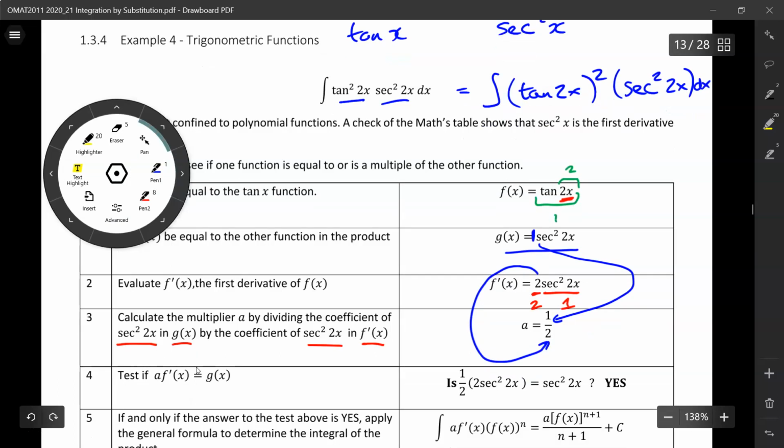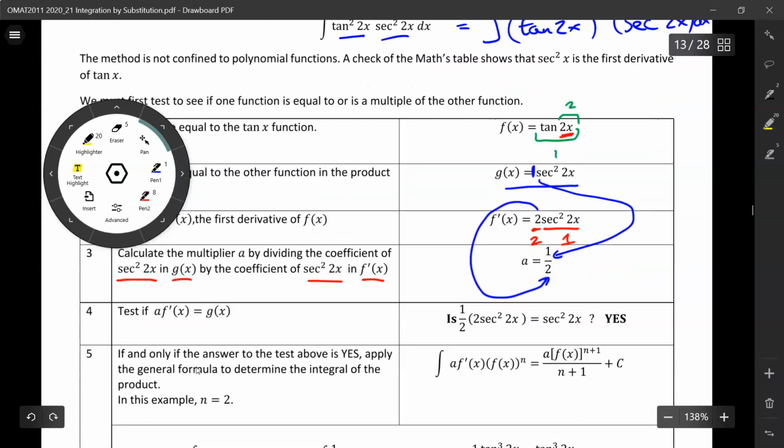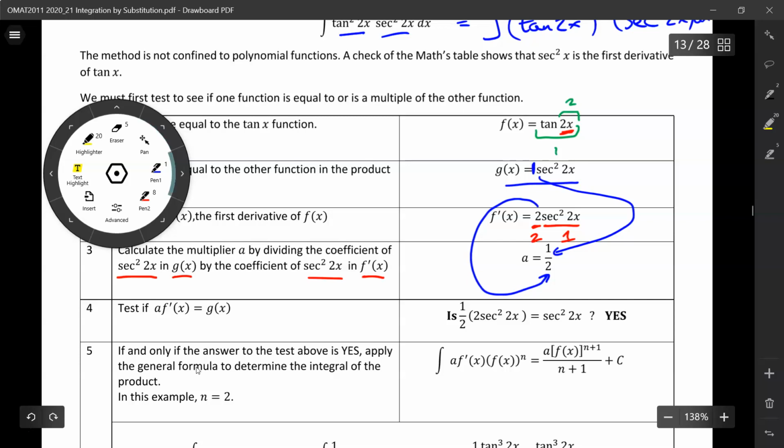It can be quite tricky doing these trigonometric functions. So the question then is, is this test valid? So a is a half times the first derivative equal to the other function, sec squared 2x, and the answer is yes, it is equal to g at x.